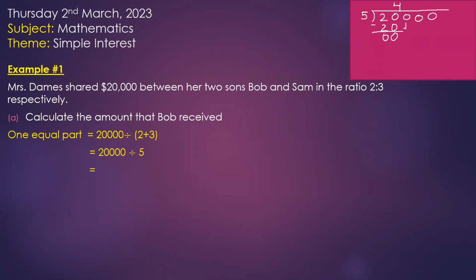We bring down the 0. 5 goes into 0, 0 times. So this is just a cycle of zeros at this point. We bring down the 0.